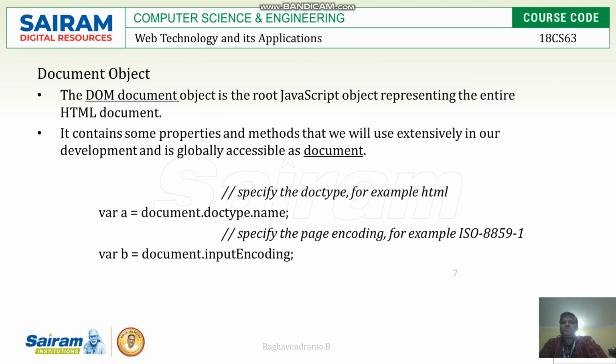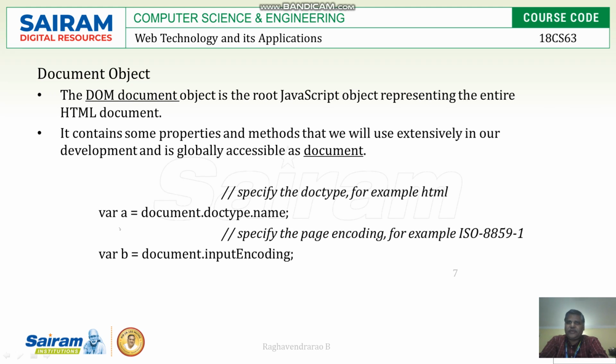The document object, it is going to get represented again. The doctype it is. A DOM document object is the root of the JavaScript element, okay, the entire HTML document. It contains some properties and methods that are going to be used extensively for development, and it is globally accessed by document. How are we going to access that particular document?